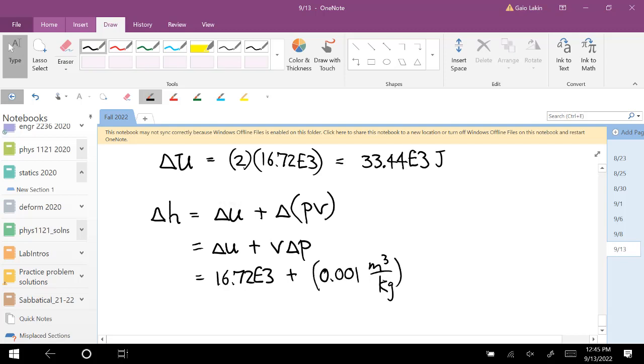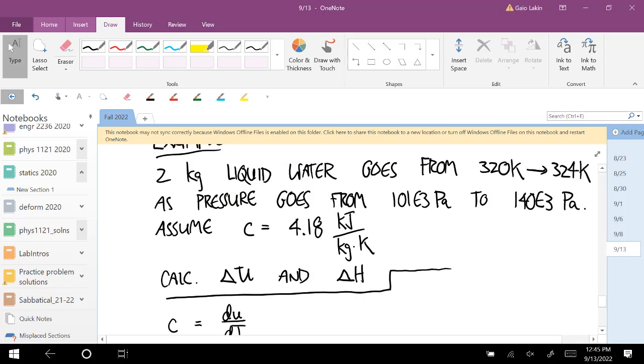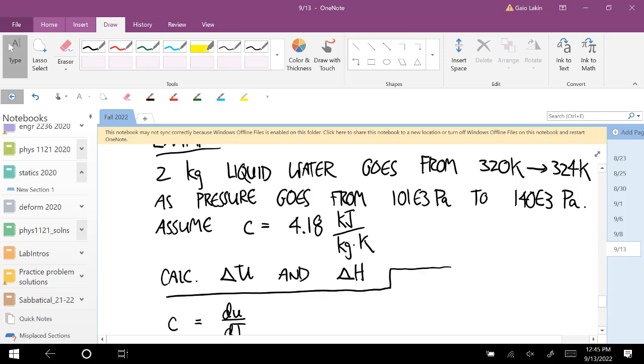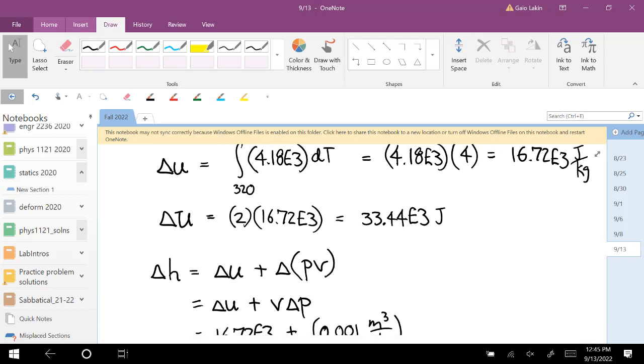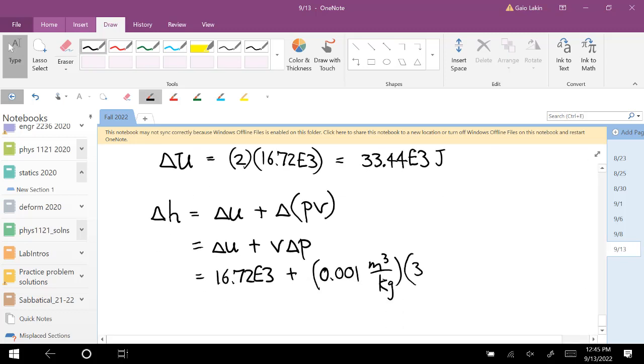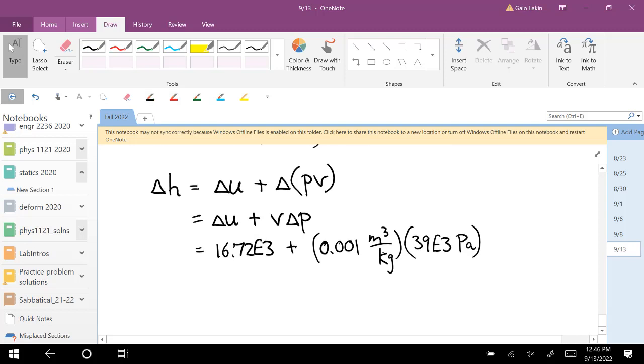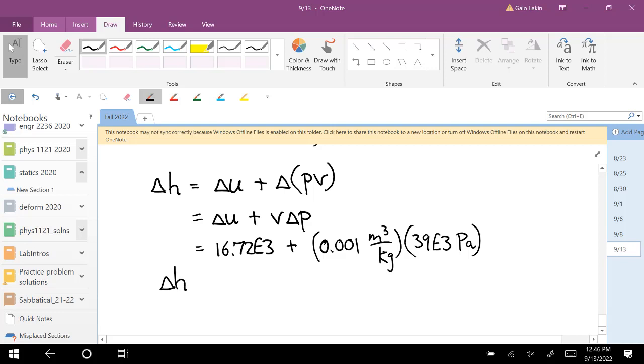Then we multiply that by the change in pressure, which is 39 times 10 to the third pascals. And so you get a change in specific enthalpy of 55.72 times 10 to the third joules per kilogram.